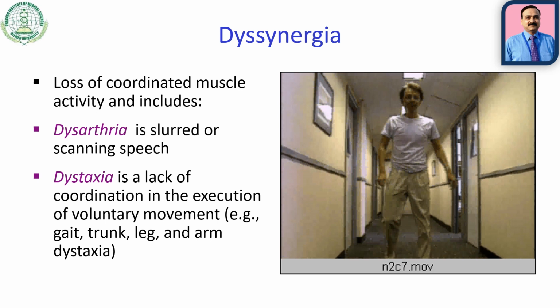For example, gait is affected, the trunk muscles are also affected, leg and arm dystaxia is also there. So that is dystaxia: loss of coordination of voluntary movements of trunk, leg and arm.